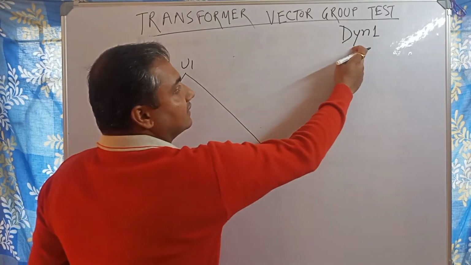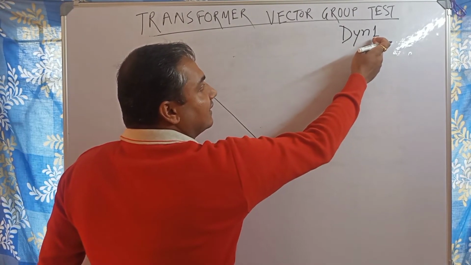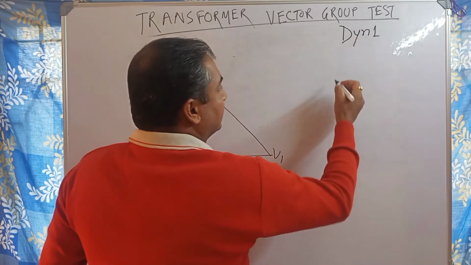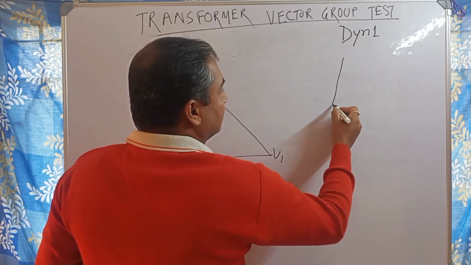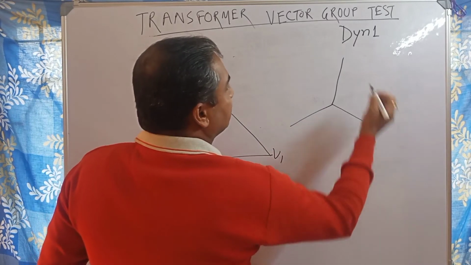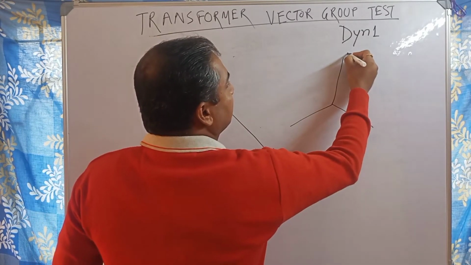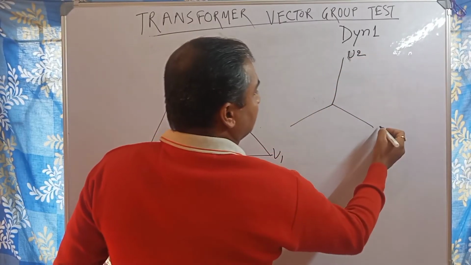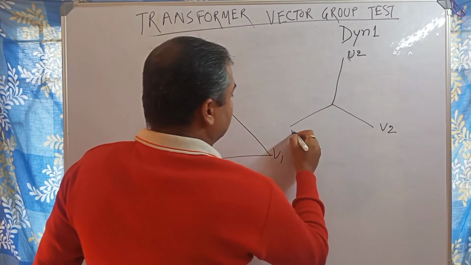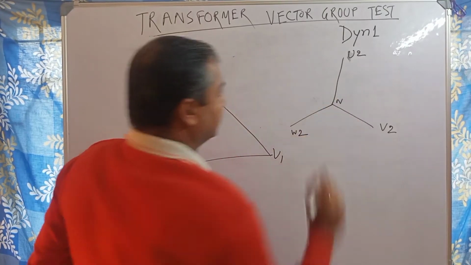Secondary is star connected and that lags 30 degrees. The secondary is like that: U2, V2 and W2. That is neutral.